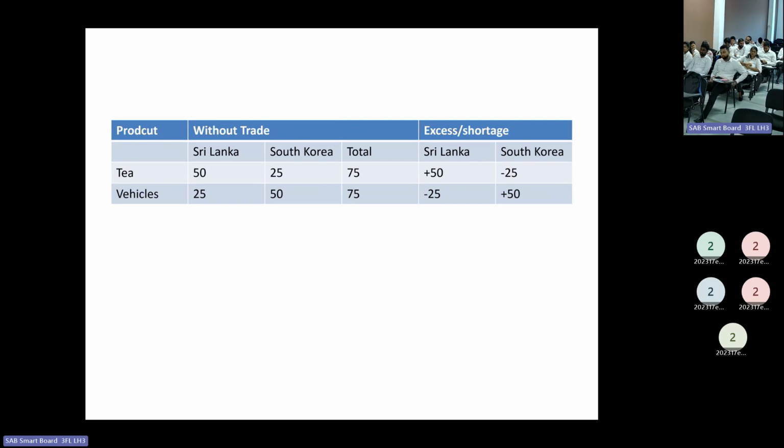With the specialization based on the absolute advantage, they increased the vehicle production by 50 units. So here also we can take that 25. Total production increased by 50 units.